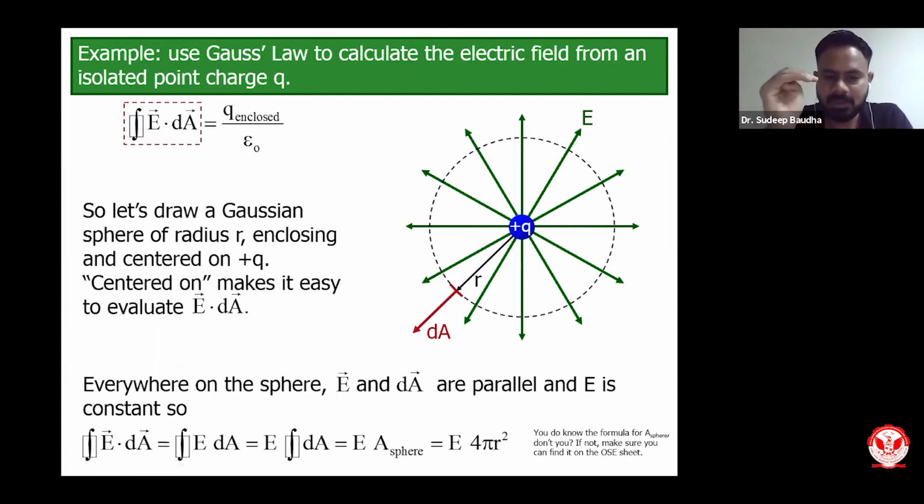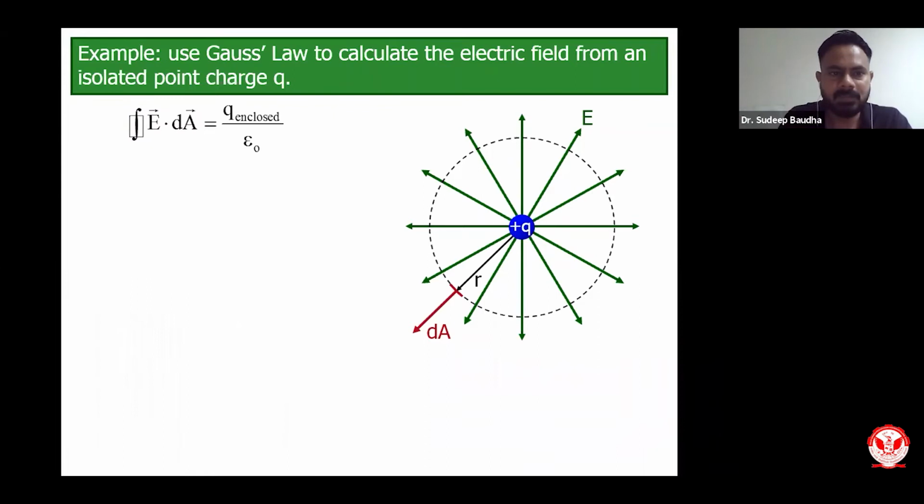So the net flux equals E into the area, that is, net flux equals E into 4 pi r square. Please remember, r is the radius of the Gaussian sphere. We have defined the geometry pertaining to Gauss law, and we have the electric flux over this Gaussian sphere equivalent to E 4 pi r square.